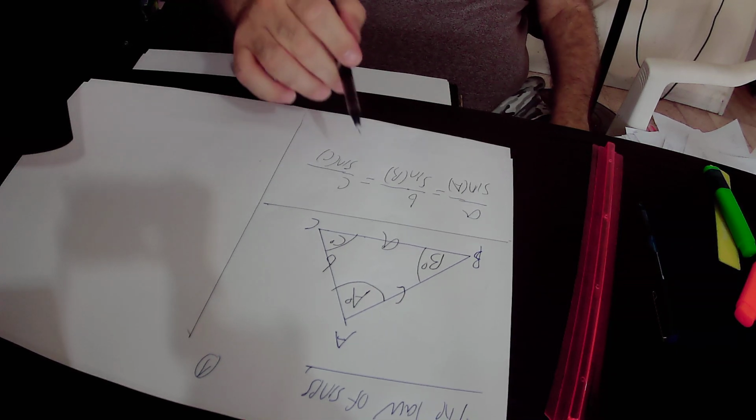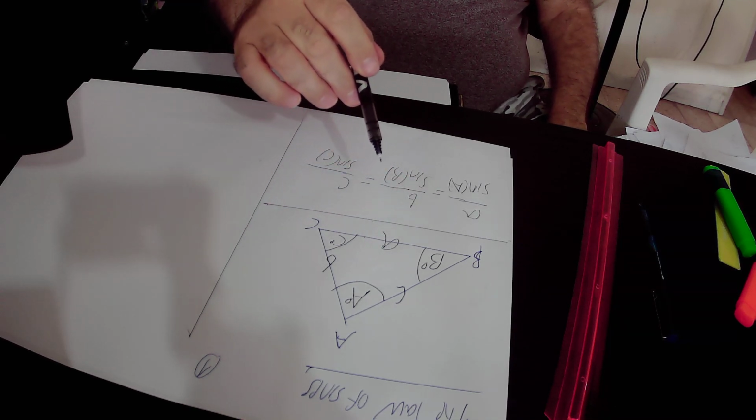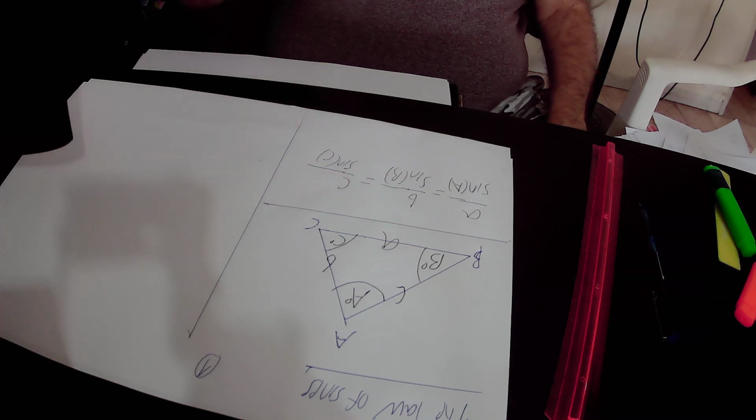And repeat again, a over sine A equals b over sine B equals c over sine C.